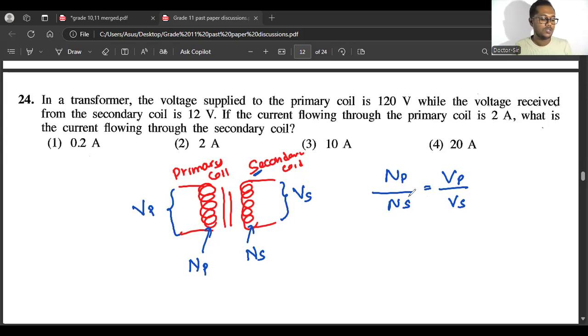Okay, right. So how can we take it into the current? We have another formula.